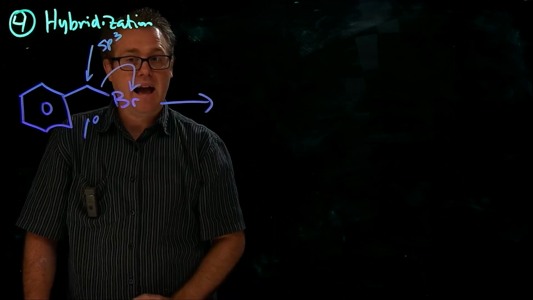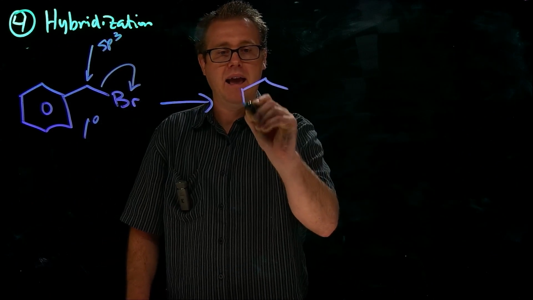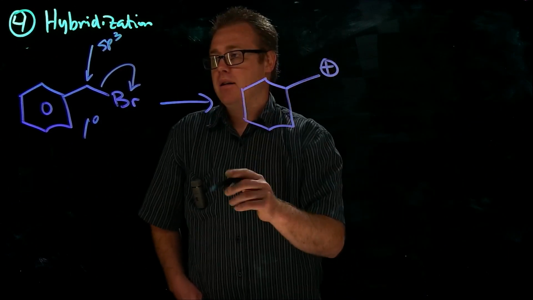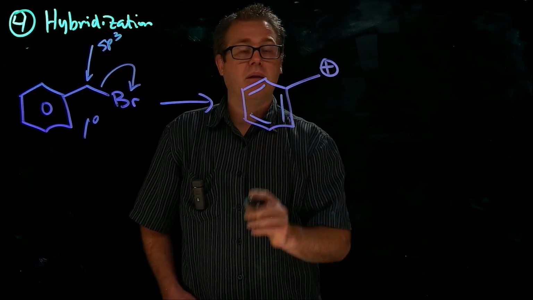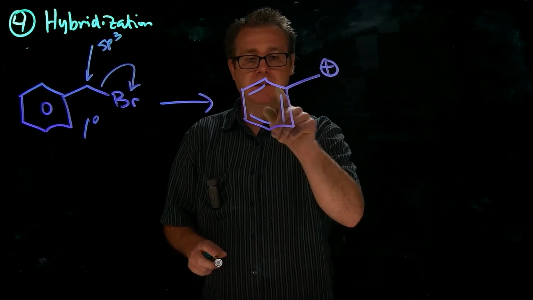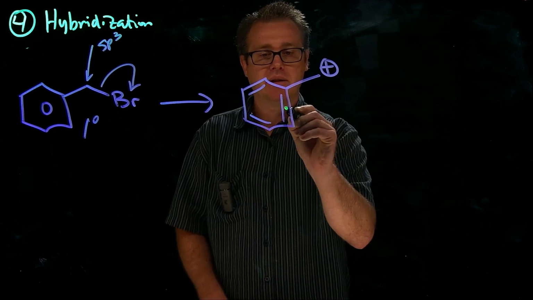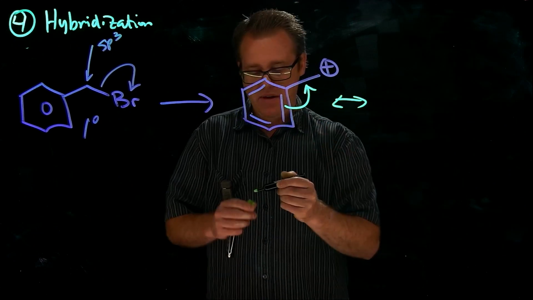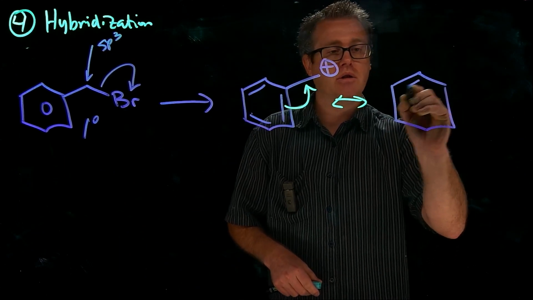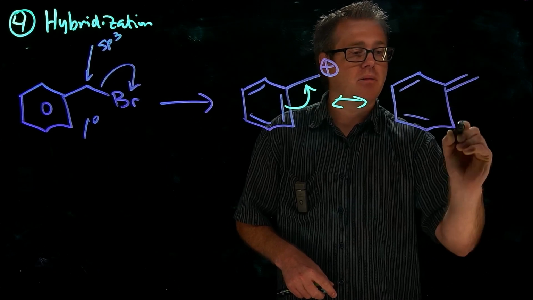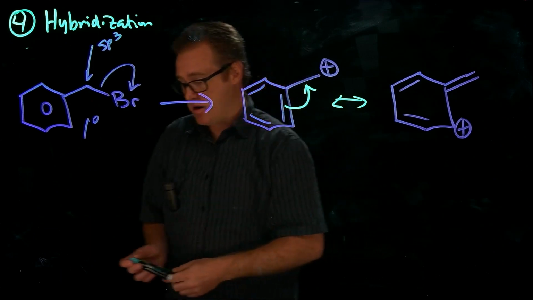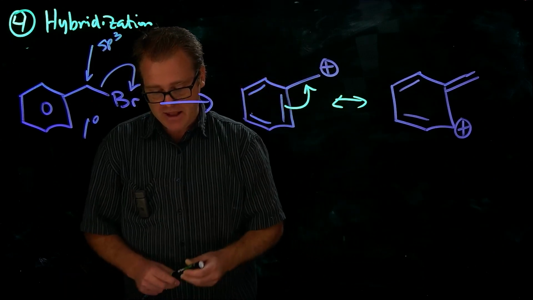It does in fact leave. It can generate that. And it does kind of look like a primary carbocation, but it's not. That's because it's attached to this benzene ring. Look at what this benzene ring can do. It can have a resonance structure that helps to stabilize what looks like a primary carbocation. Well, we don't call this species a primary carbocation, we call it a benzyl cation.